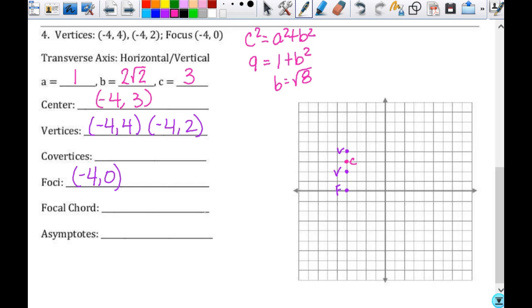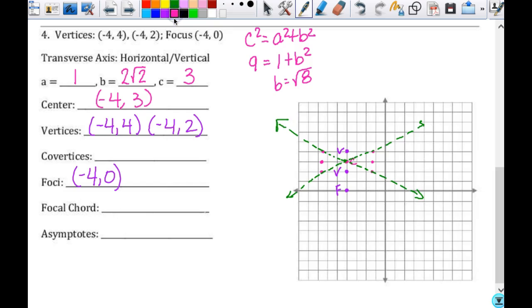So square root of 2 is about 1.4-ish. And then it's going to be about 2.8-ish. So 1, 2. So I can get my little rectangle here, and go ahead and draw in this here.